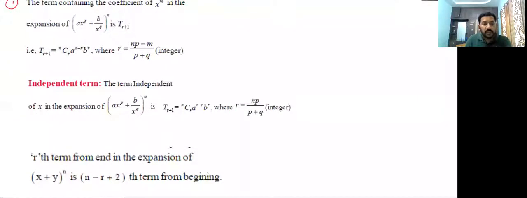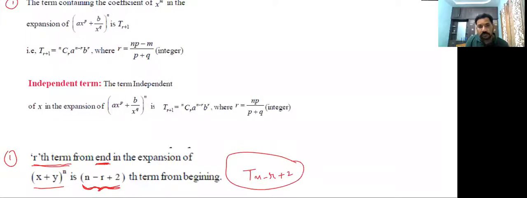And here is one more point. This is an important point. The rth term from the end, not the beginning, the end, in the expansion of (x + y)^n is the (n − r + 2)th term from the beginning. So we know the general term formula, that is the (r+1)th term.